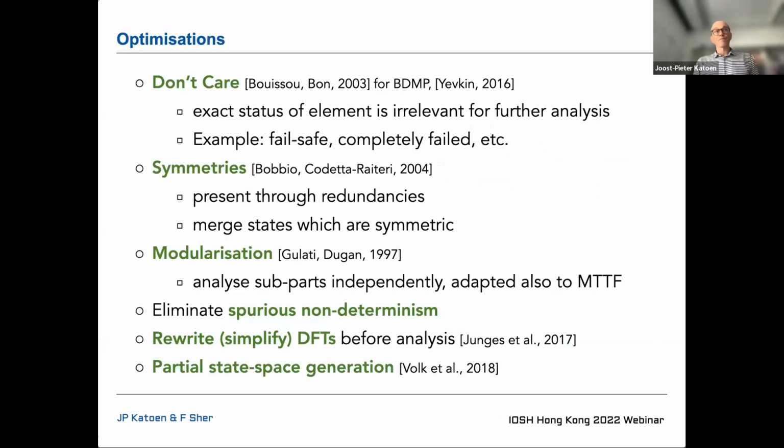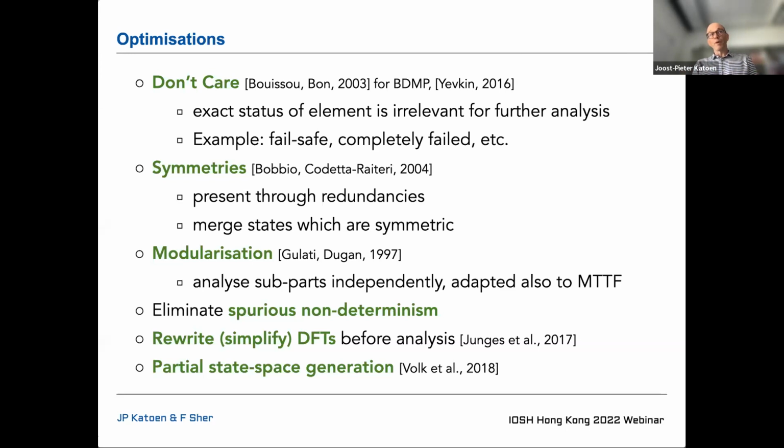So how do we do this? There are a lot of techniques under the hood, and this has been worked on by others. For instance, don't care propagation, already used by Boudali in other models, and symmetry reduction, where you look at the symmetries in the tree and try to exploit them. Modularization is a well-known technique developed by Dugan in the mid-90s.